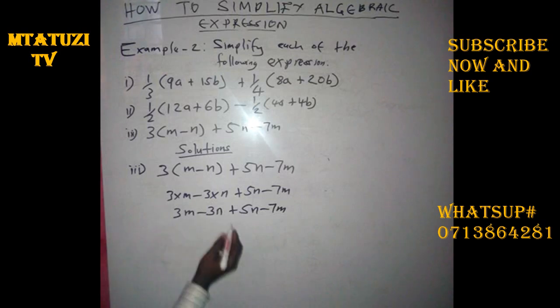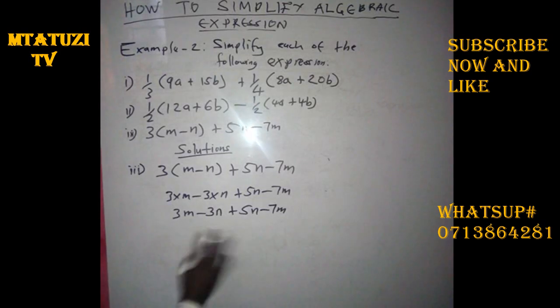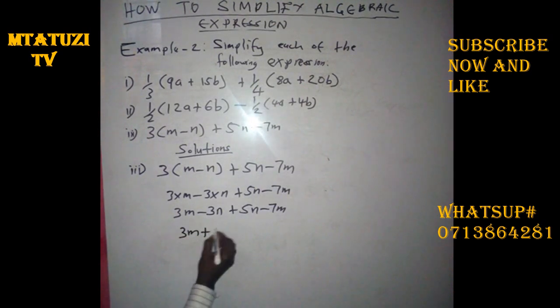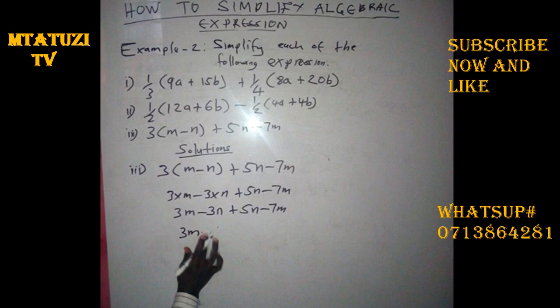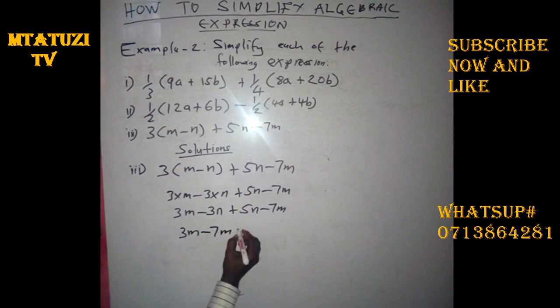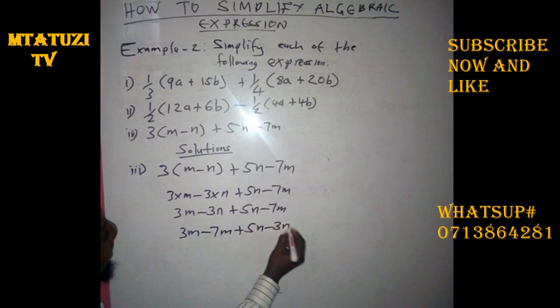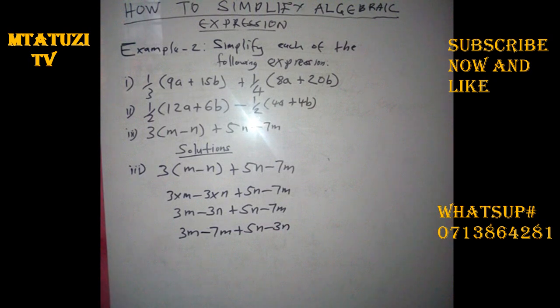So now you arrange the like terms together. So now you take 3m minus 7m, and then plus 5n minus 3n. So now we are doing 3m minus 7m. When you do this, remember 7 takes the position of a negative number.